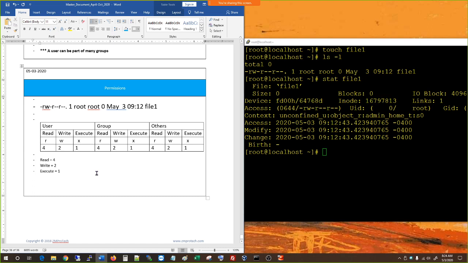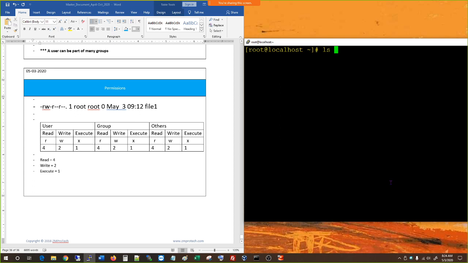Okay. So looking at our permission for this file, let me copy this file here again.